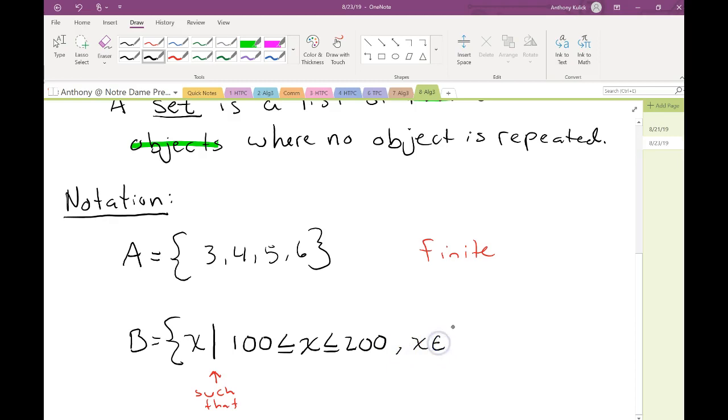So the symbol we use here is like an E, but it's kind of curvy, and that symbol means "is a member of." And then the symbol we use for the real numbers is like an R with a double bar, or a double vertical bar there.